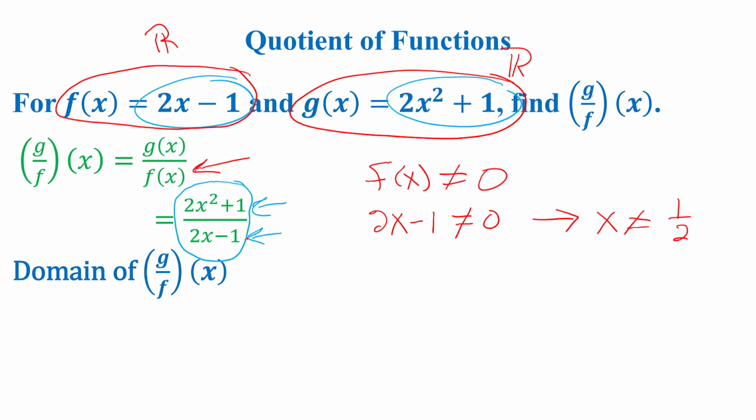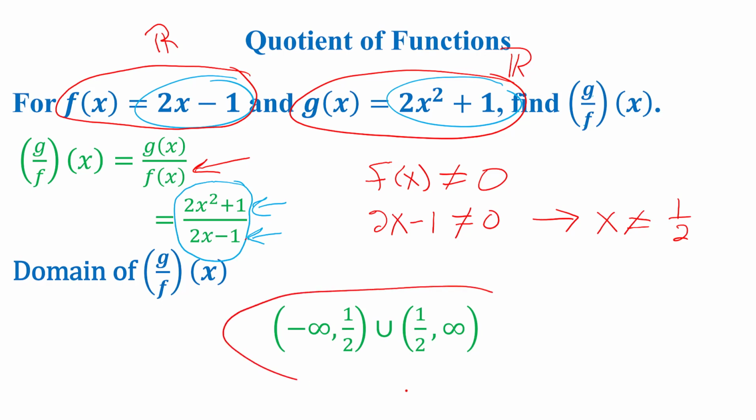And so our domain excludes the value of x equals 1/2. So our domain is negative infinity to 1/2 union 1/2 to infinity. And that is our domain.